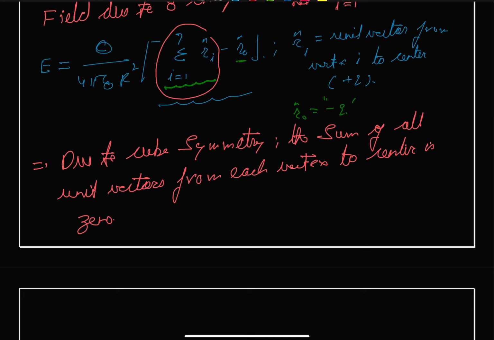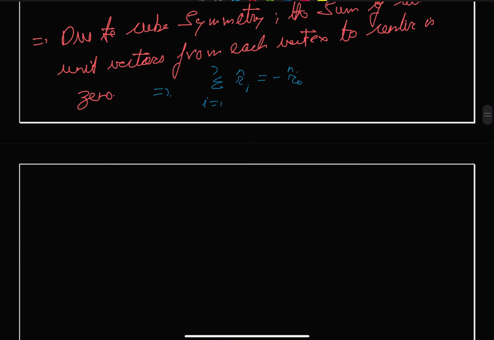Therefore, we can write that the summation over i from 1 to 7 of the unit vector R_i should be equal to minus R unit vector. Then only this summation is 0.